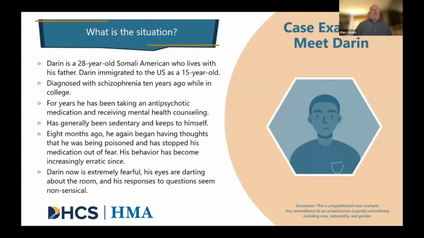Six months ago, Darren started having thoughts that somebody might be trying to poison him, and thus he stopped taking his medication out of fear. Since then, his behavior has become increasingly erratic and he has been spending many nights on the streets. Yesterday, he was brought to the emergency room after somebody found him walking down the street and appearing to yell out at imaginary persons.